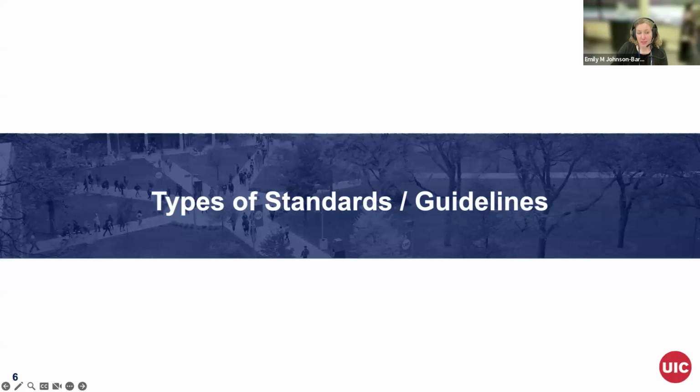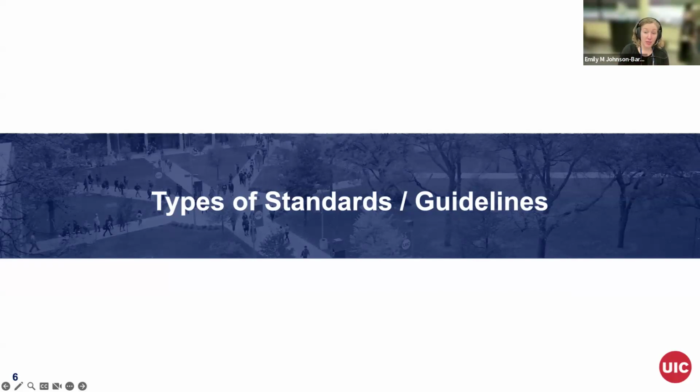During this presentation, I want to make a differentiation between 2 different types of guidelines that we'll be talking about. The first is a conduct or methodological guideline. Those are the types of guidelines that tell you what to do and how to do it during the research experience.